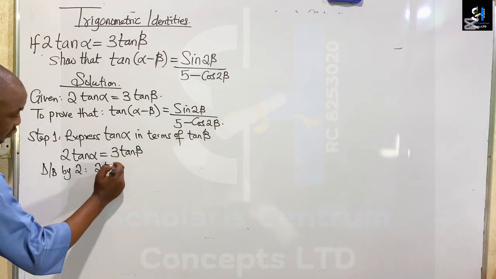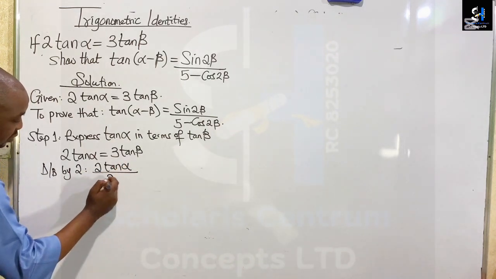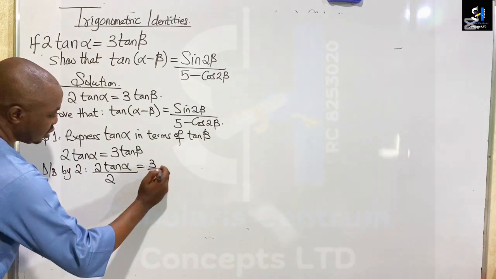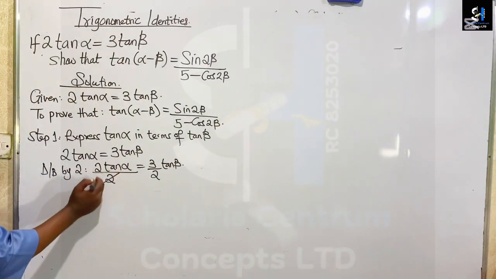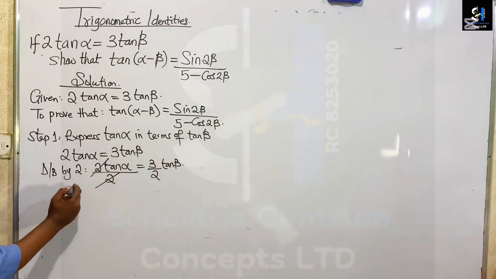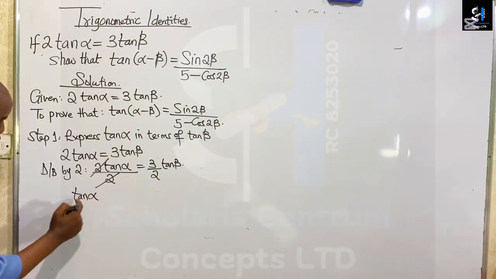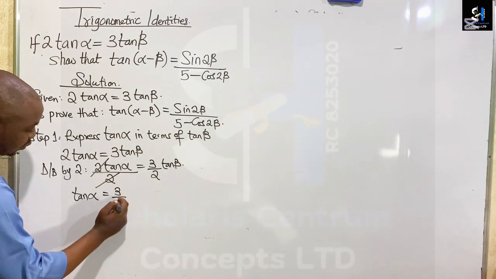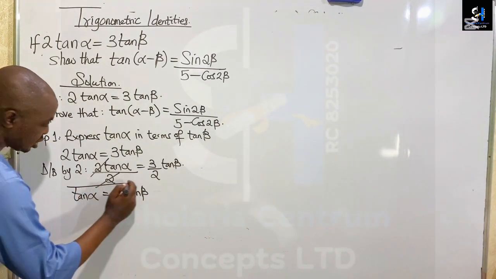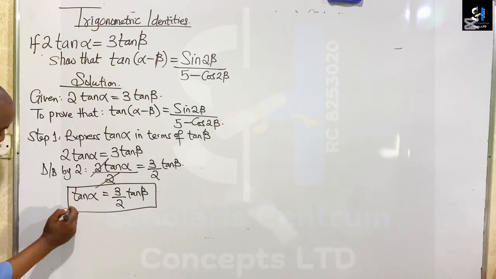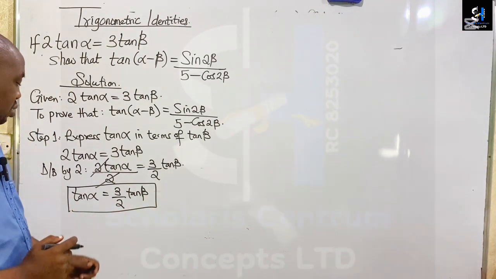Now we have 2 tan alpha divided by 2 equals 3 over 2 tan beta. The 2s cancel, so we are left with tan alpha equals 3 over 2 tan beta. This is the equation connecting tan alpha and tan beta.